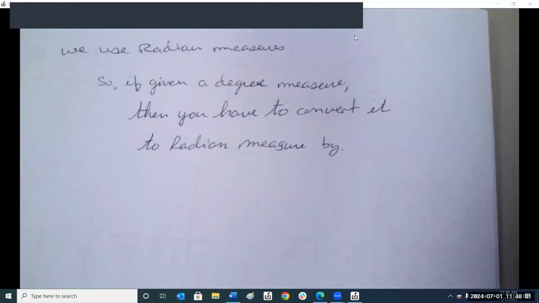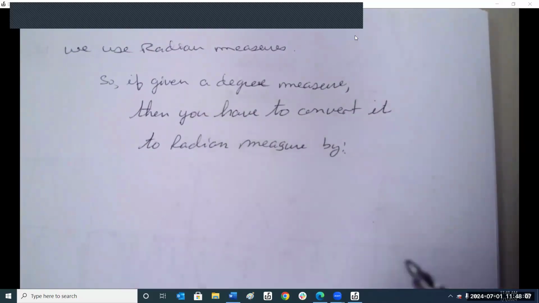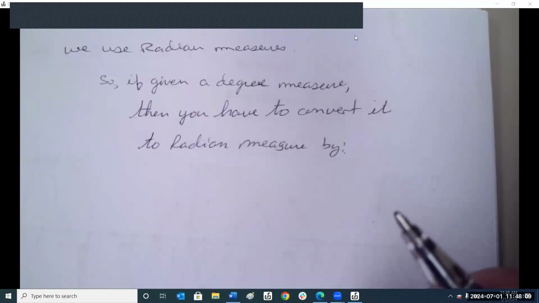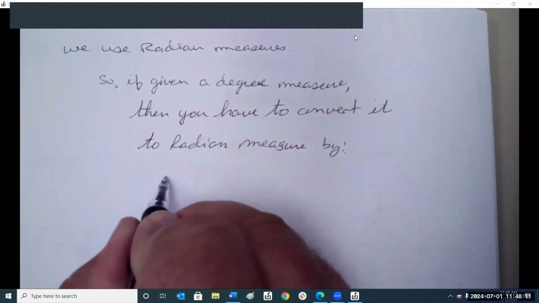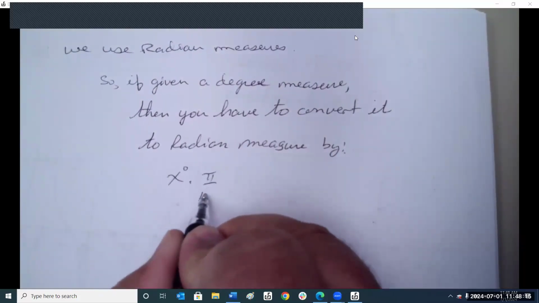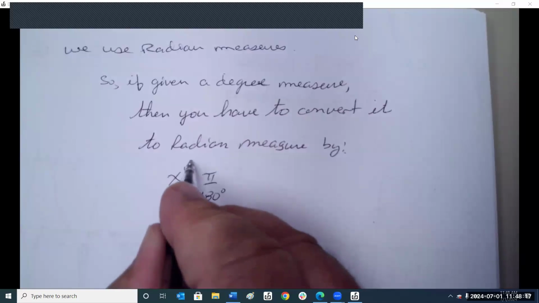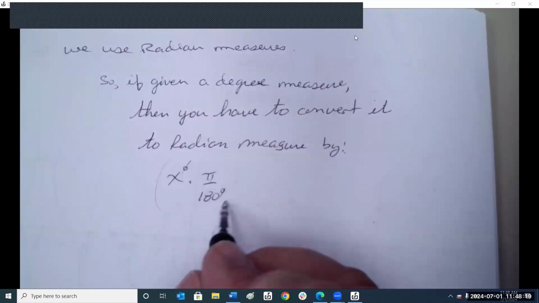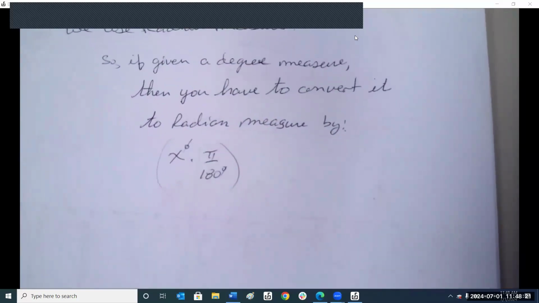By what formula? Just pi over 180? Yeah. Whatever angle you have in degrees, multiply it by pi over 180. The degrees will cancel, and then you'll have your radian measures.